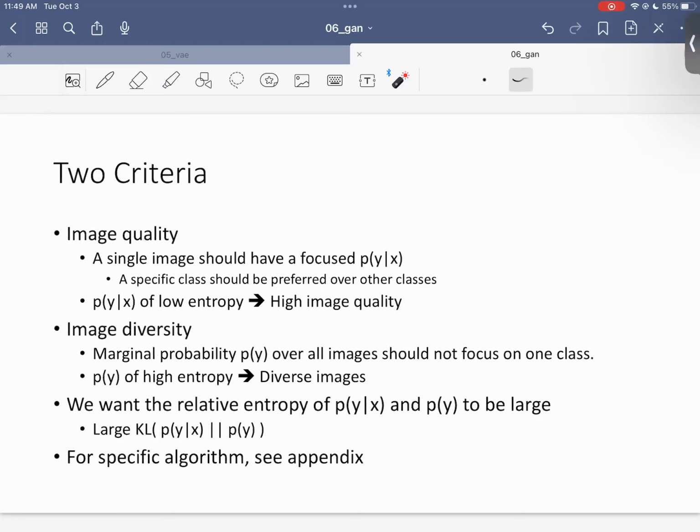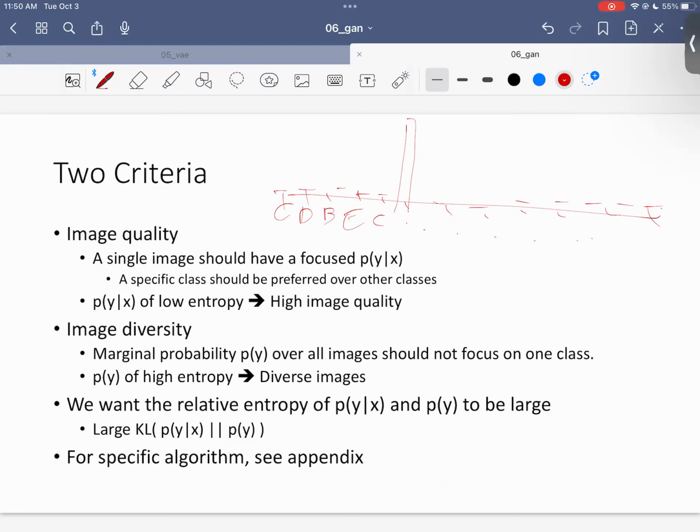For image quality, a single image should have a focused p(y|x), which is a multinomial distribution over 1,000 classes: cat, dog, bear, elephant, camel, whatever. You want your image to have one particular spike in one class and very low probability in all the other classes. This is a high quality image, or at least that's what the authors of the Inception score thought.